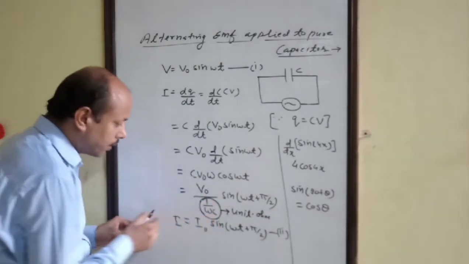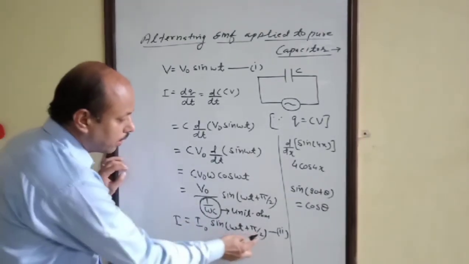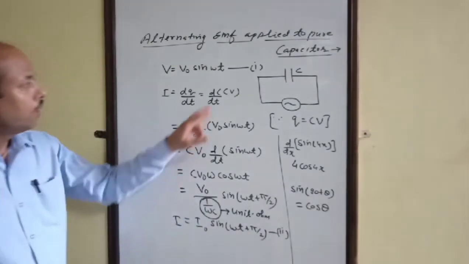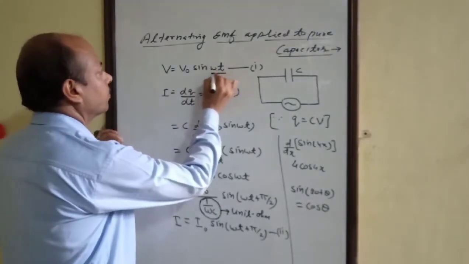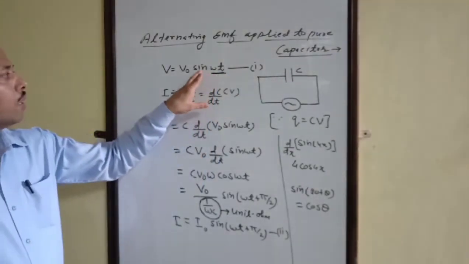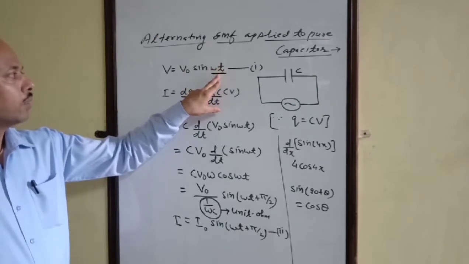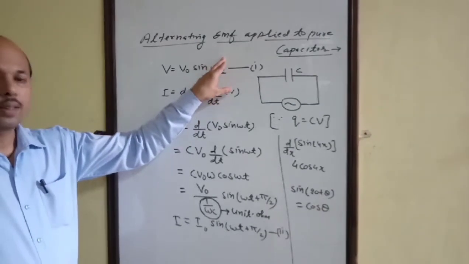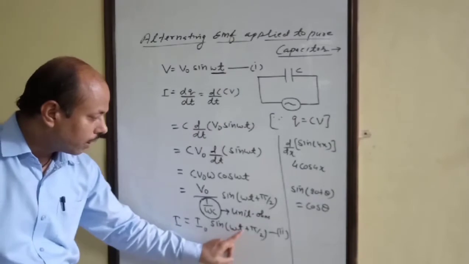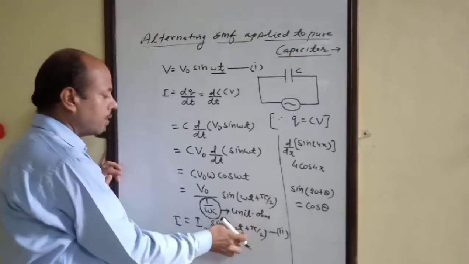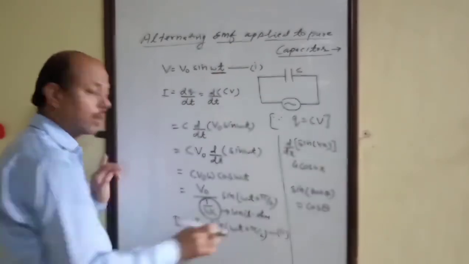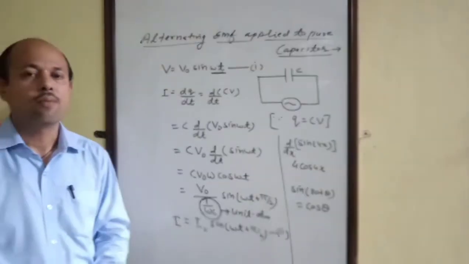But before discussing this, I am going to discuss the concept of phase difference. Here it is omega t. Now we can easily understand. Here you can look at sin omega t. Here the phase is omega t, but here it is omega t plus pi by 2. It means in this case voltage and current are not in the same phase.